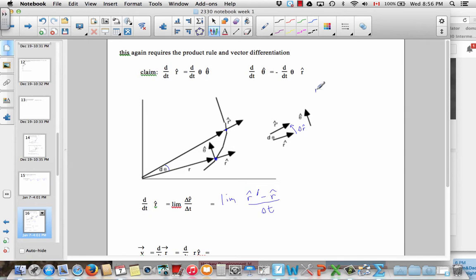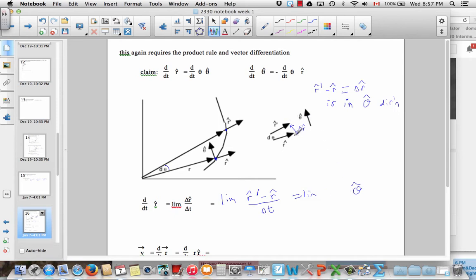So r hat final minus r hat initial, this vector, is delta r hat. First of all, it's in the theta hat direction. So we're subtracting two vectors, so we're going to get a third vector, and now we know what its direction is. We can state that it is in the theta hat direction.